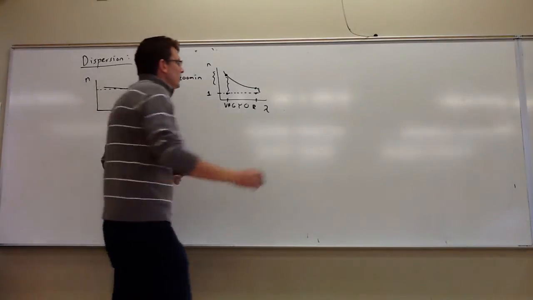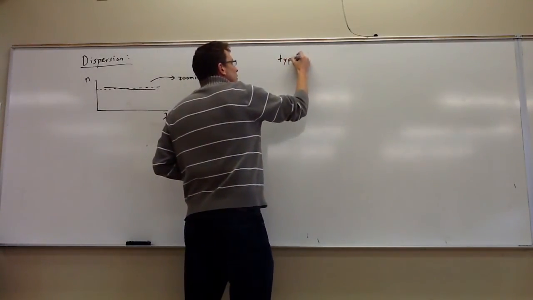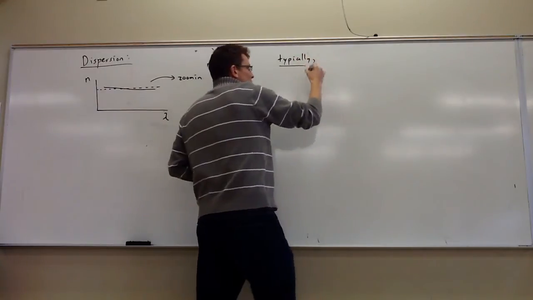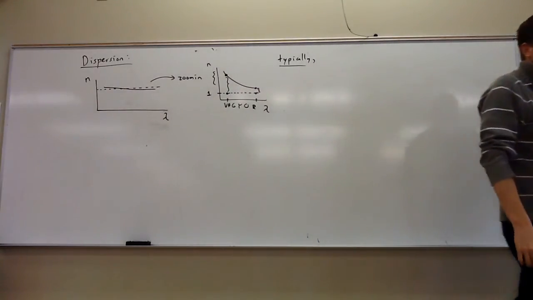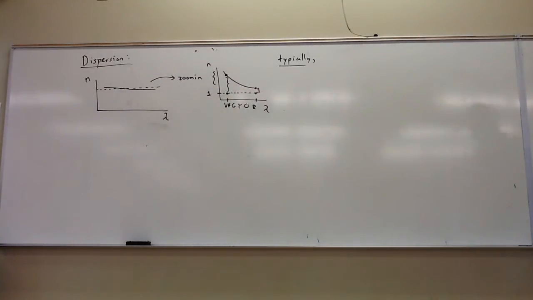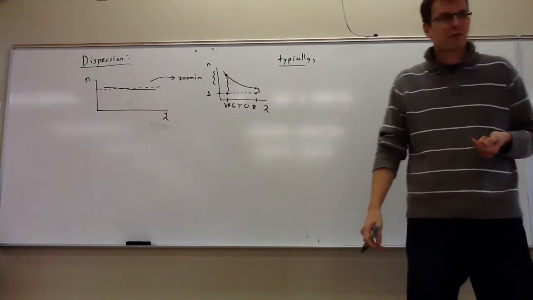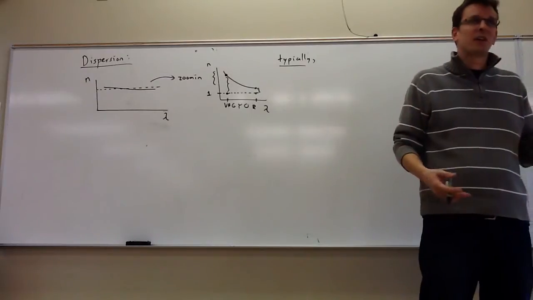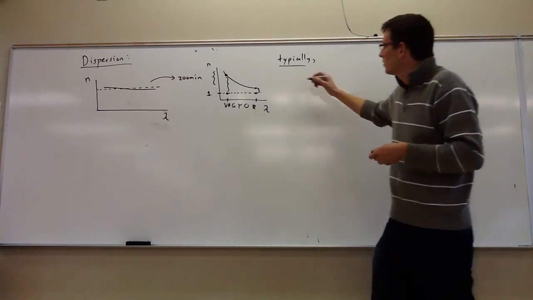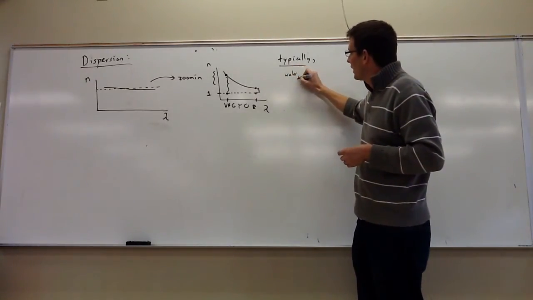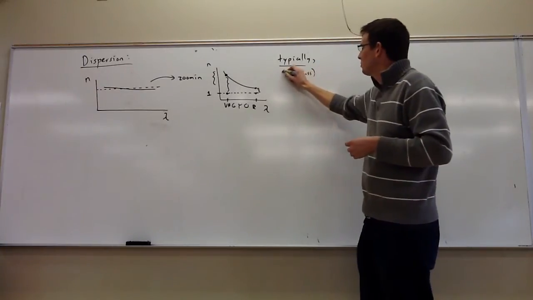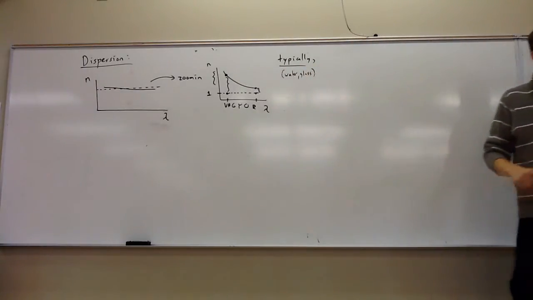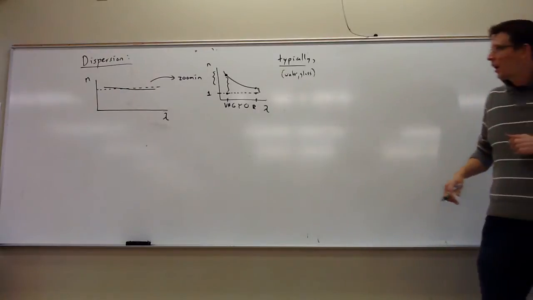Okay, so this is typically, and I should emphasize this is typically, because this is how often materials have this sort of graph. There are some esoteric materials that do not have this graph, but typical materials such as water or glass have this dispersion profile. I'll tell you why it's called dispersion in just a second.